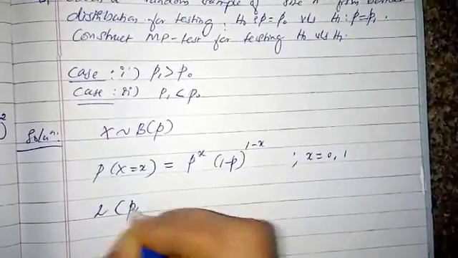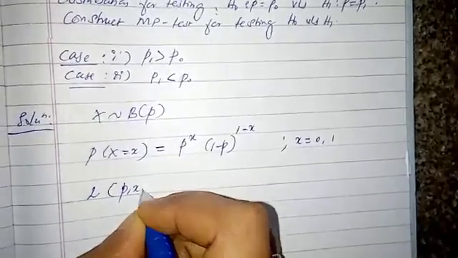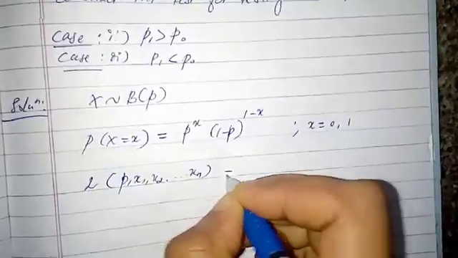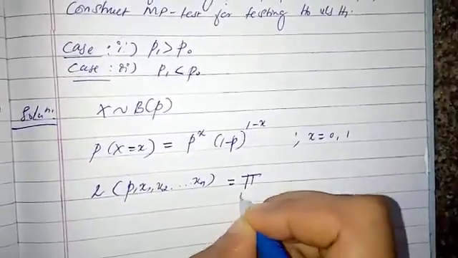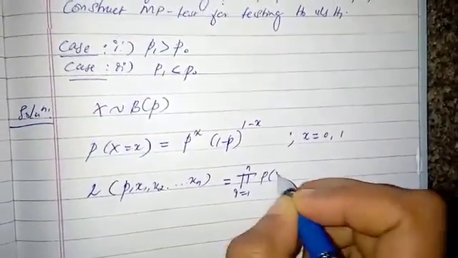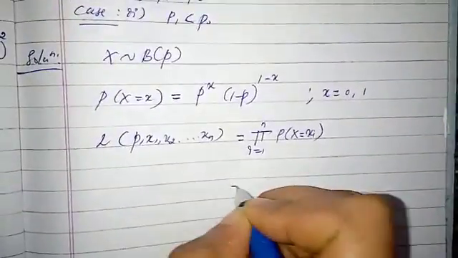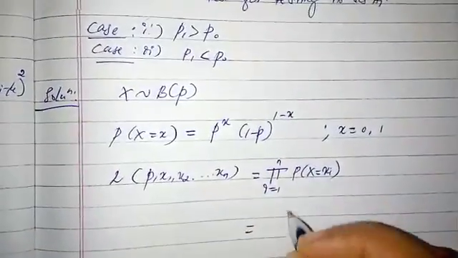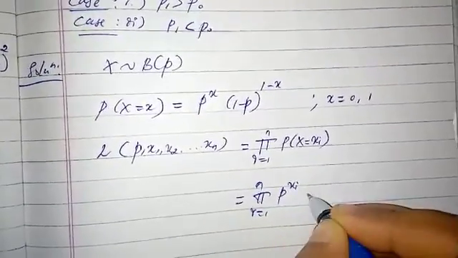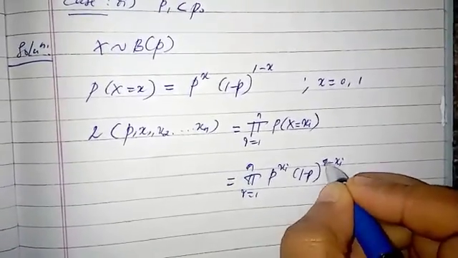The likelihood of parameter p given x1, x2, and so on up to xn, the random variables, equals the product from i equals 1 to n of probability of X equal to xi, which equals the product of p power xi times 1 minus p power 1 minus xi.